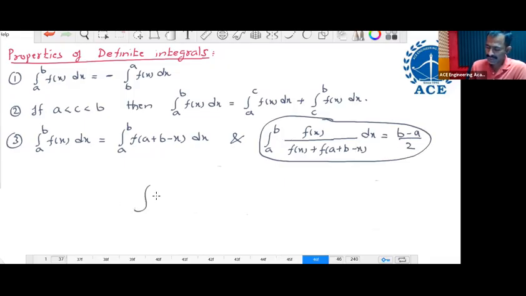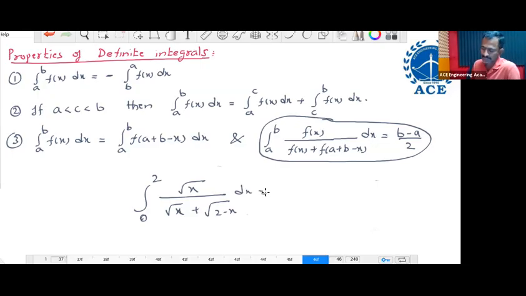For example, integral 0 to 2 of root x by root x plus root 2 minus x dx. The problem is given like this, something by something. When you observe the function, these two parts are the same. So if this is f of x, this is f of x only.